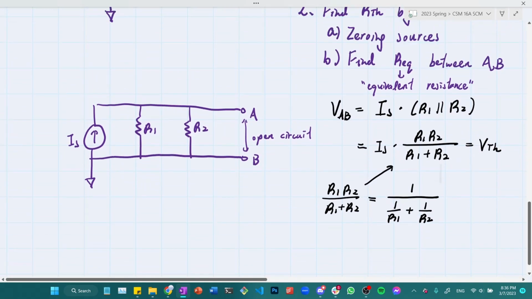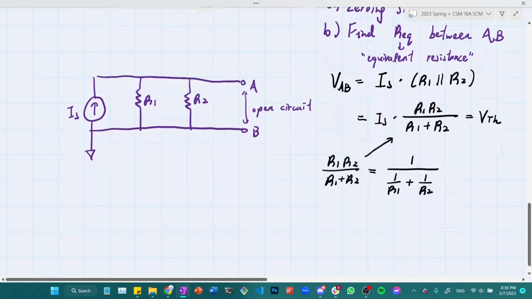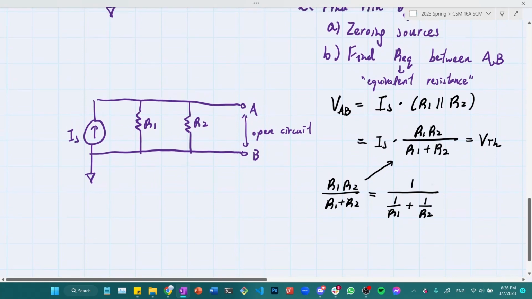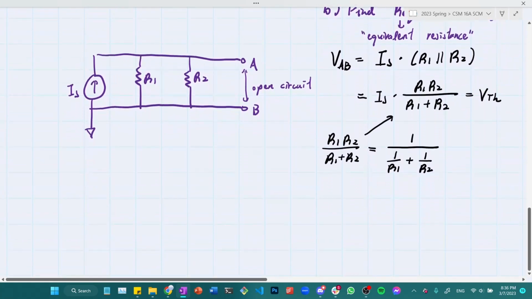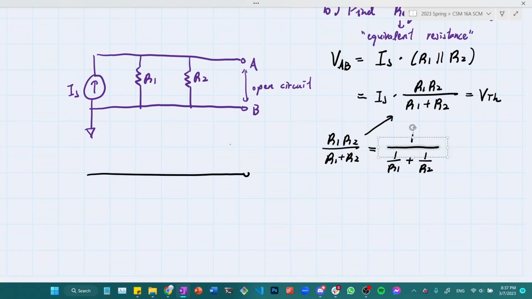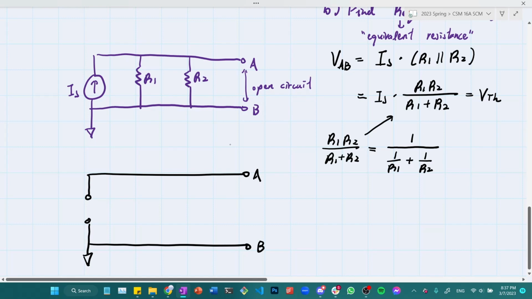Then now I need to find RTH, right? Because that's the second step of my algorithm. To find RTH, I need to find the equivalent resistance between A and B by zeroing out all sources. So I'm going to draw another version of the above circuit, but every source is zeroed. First of all, if a current source is zeroed, then it cannot provide any current, so it provides zero current, which means it becomes an open circuit.